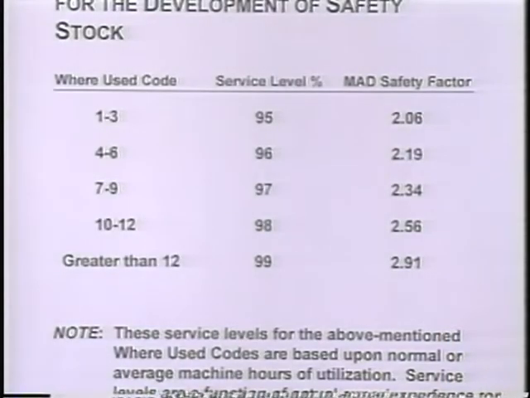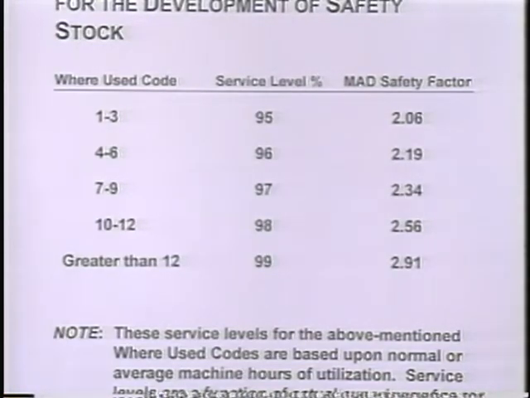So if you turn to page number 28, we have this service level matrix for you. And let me identify the interpretation, please. The where use code is on the left-hand column. That means if I have a where use code of 1 to 3, most companies are selecting a service level of 95%.